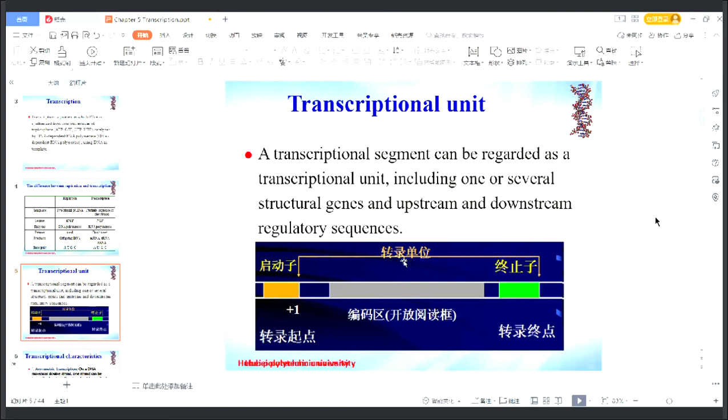This kind of sequence is given the name terminator. And from the positive one to the end point, this is the transcriptional unit.